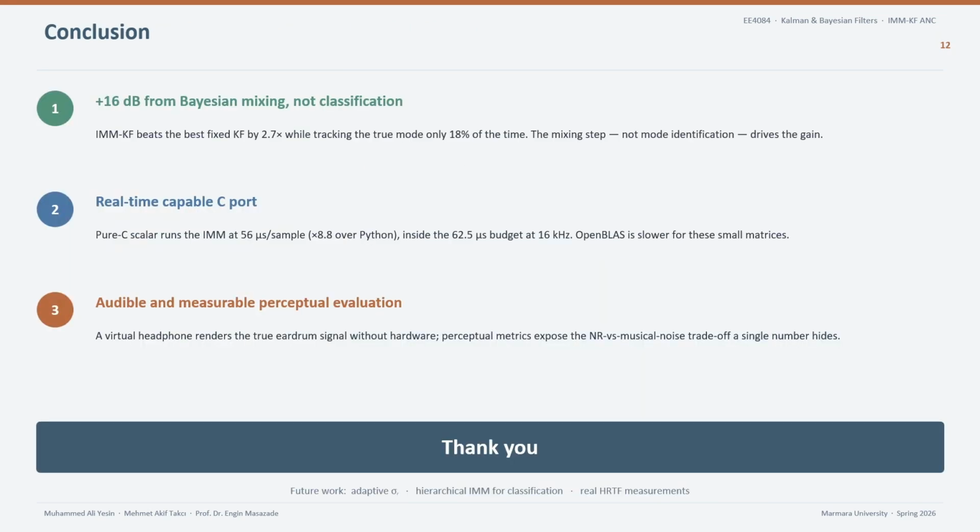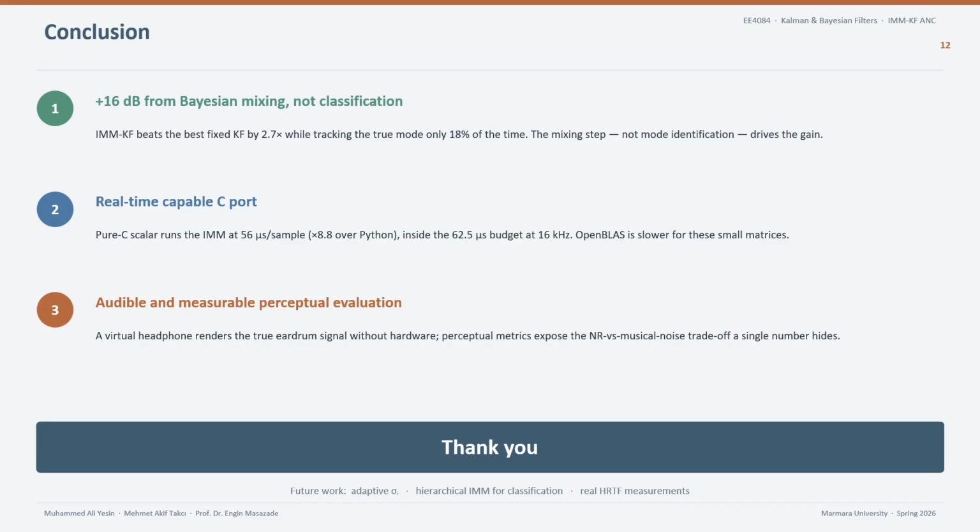So, to wrap things up, we have three takeaways. One, our IMM-KF delivers 16 decibels of noise reduction, 2.7 times the best fixed filter, and it gets there through Bayesian mixing, not classification. It tracks the true mode only 18% of the time, and it doesn't matter. Two, it's real-time capable.